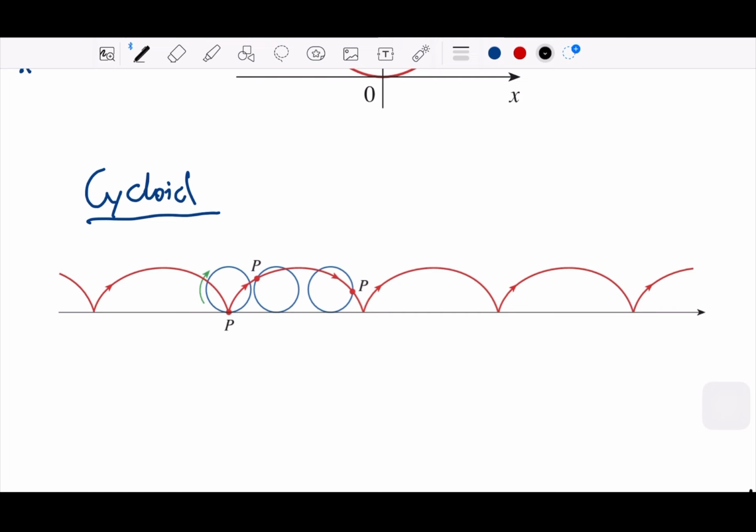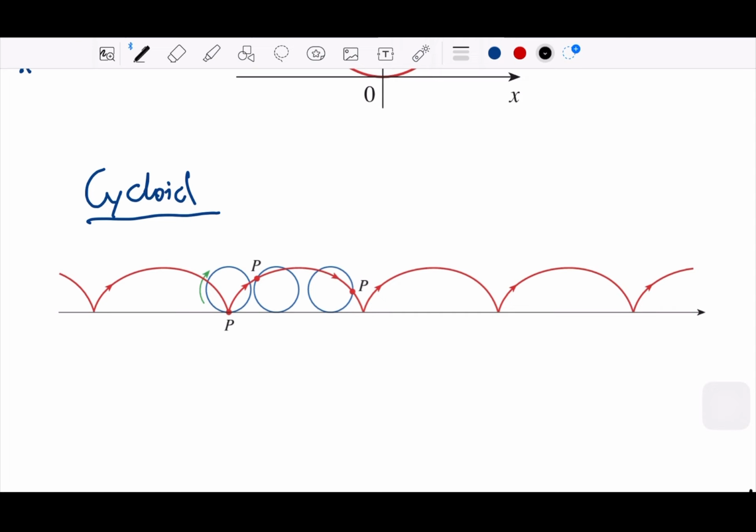Imagine you have a circle, this blue circle. The circle is rolling. And imagine maybe you put one dot on this circle. So on this blue circle, put one point here. We call it P. And look at this point.